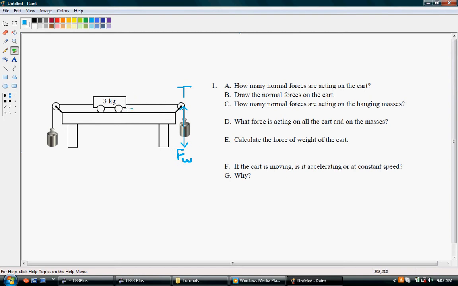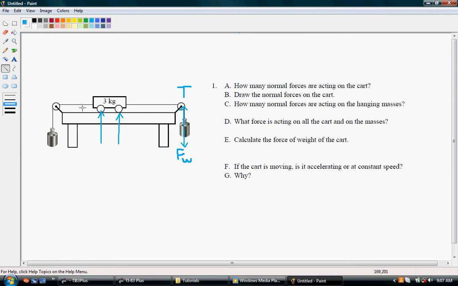Anyway, number 1A wants to know how many normal forces are acting on the cart. Well, technically speaking, normal forces are the forces that a surface applies to an object. So we have 4 normal forces here. We can only really see 2 of them, but there's a normal force being applied to each of these wheels.